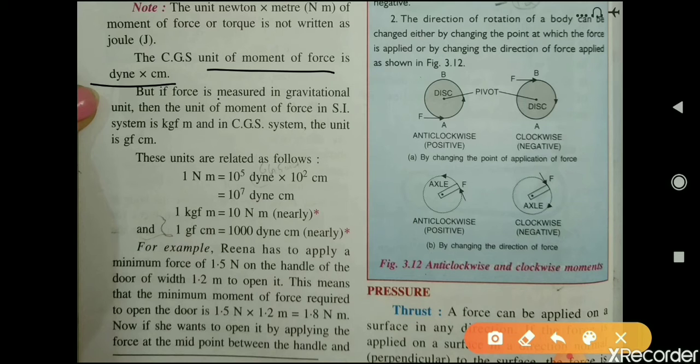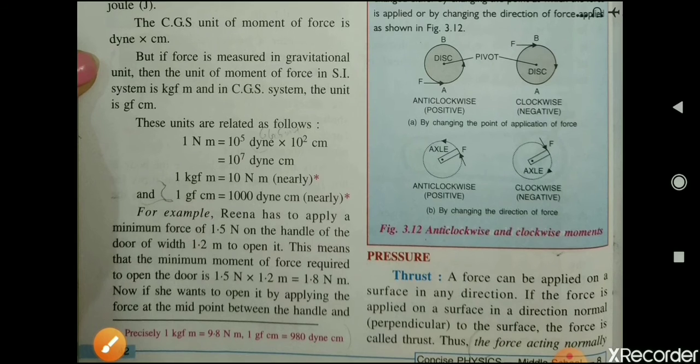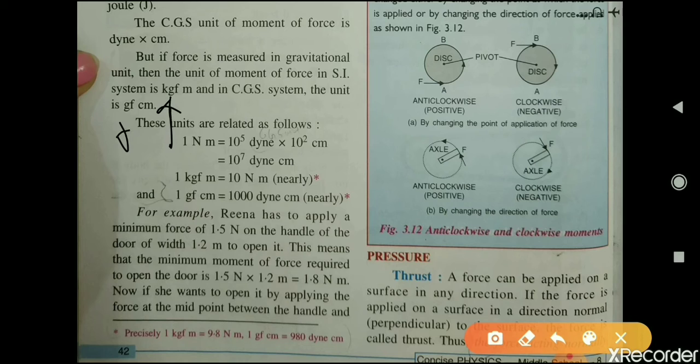But if force is measured in gravitational units, the unit of moment of force in the SI system is kgf meter, and in CGS it is gram force centimeter, because the unit of force in CGS is gram force and in SI it is kilogram force.